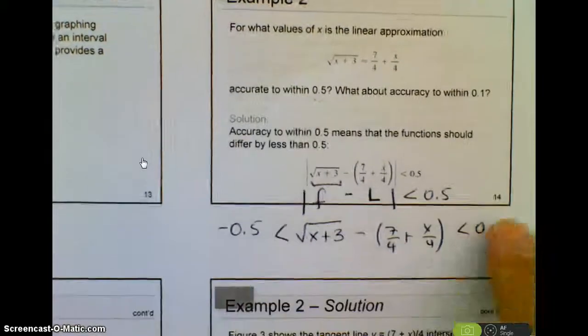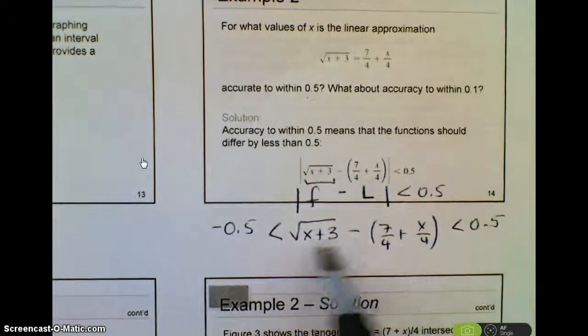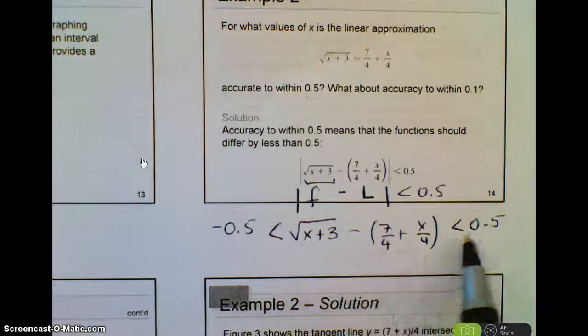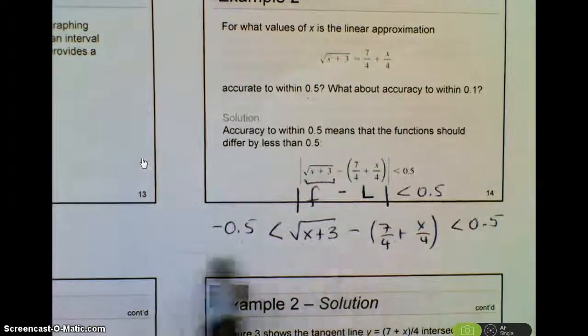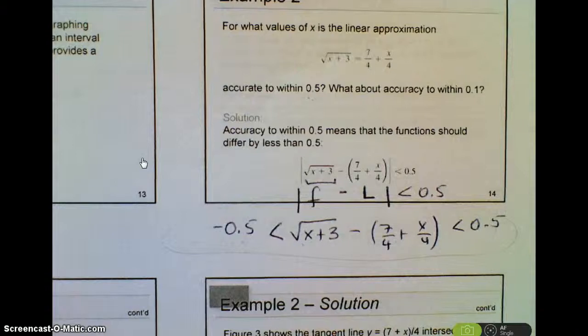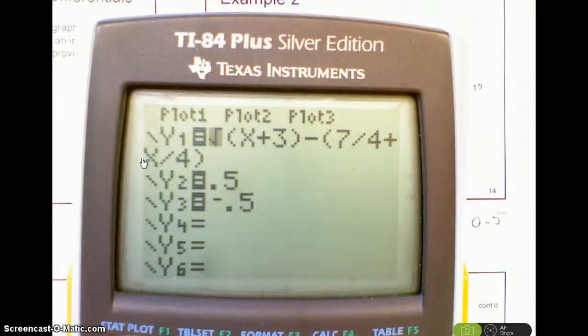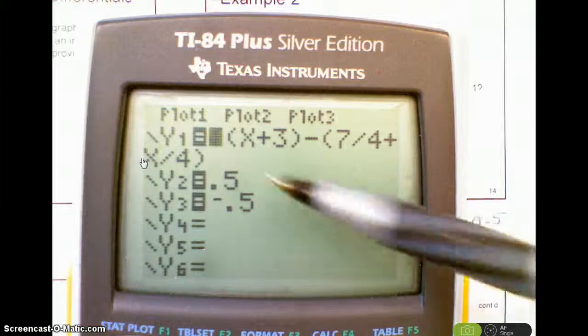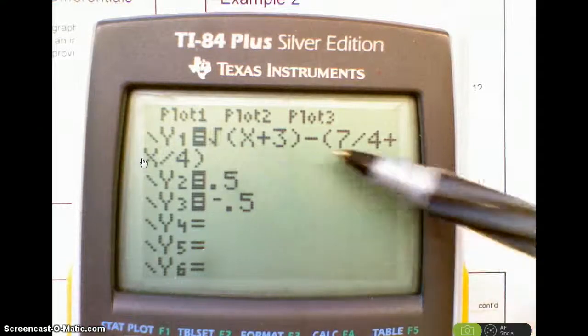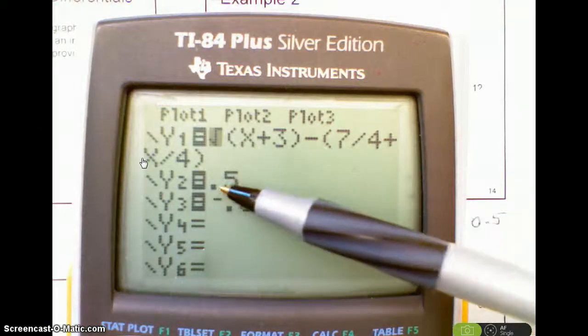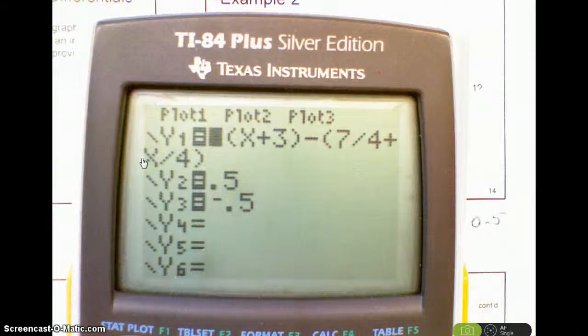What this means is the subtraction of those two y values has to be between negative 0.5 and 0.5. So this is the equation that I'm going to graph on the calculator, unlike the book, which is showing you to do something extra. So I have this y minus this other y, and I'm graphing the functions 0.5 and negative 0.5.